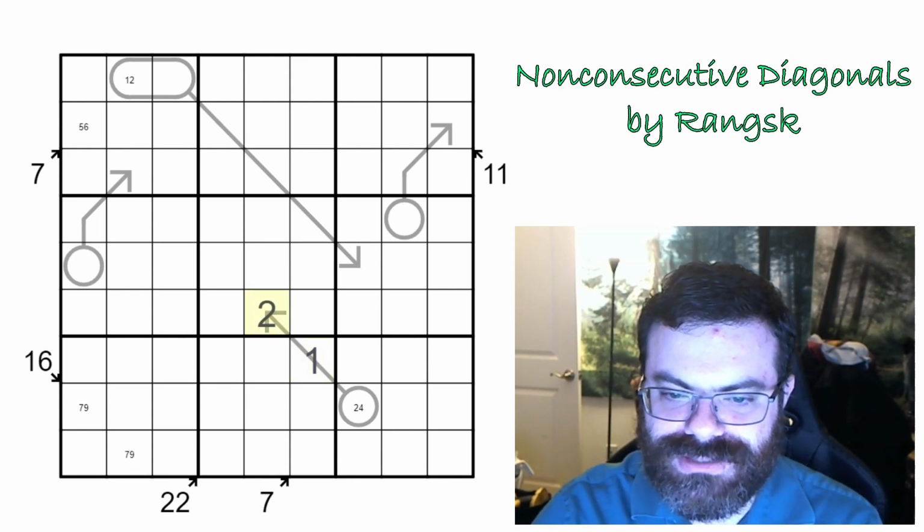So it can't be 1 and 2 or 2 and 1 because these are consecutive with each other. So we can't actually add to 3. And so then for 4, we would be 2 and 2, or we would be 3 and 1.